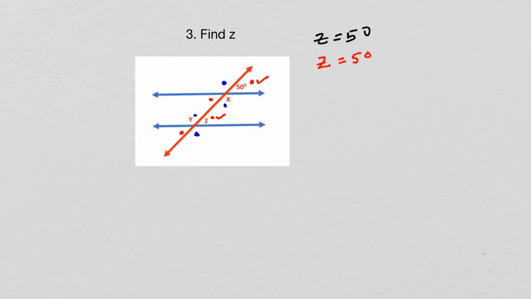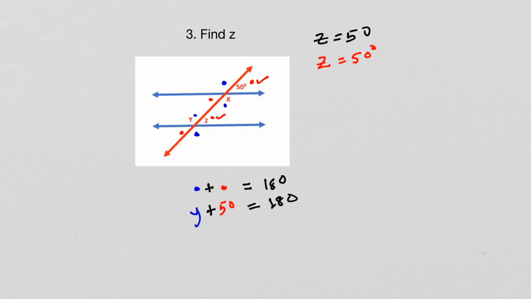This question doesn't ask you to find y, but let's look at how you'll go about it. To solve for y, all you need to remember is a blue dot, or however you represented it, plus a red dot adds up to 180. We know the red dot is 50, and also y is a blue dot. So we have 50 plus y equals 180.